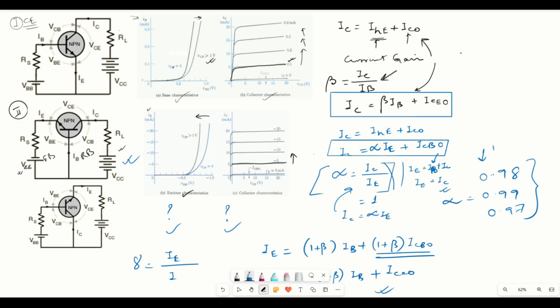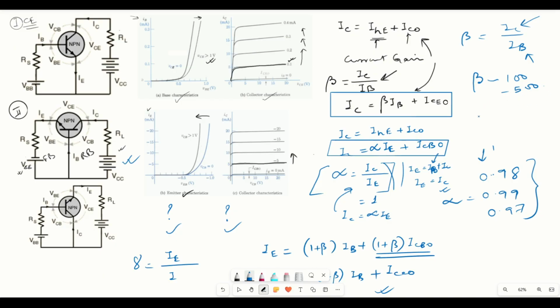Now coming to beta, beta is IC by IB. A small amount of current change in IB changes IC to a higher extent. That means this gain is very high. Typically this gain ranges from 100 to 500 or 600, right?